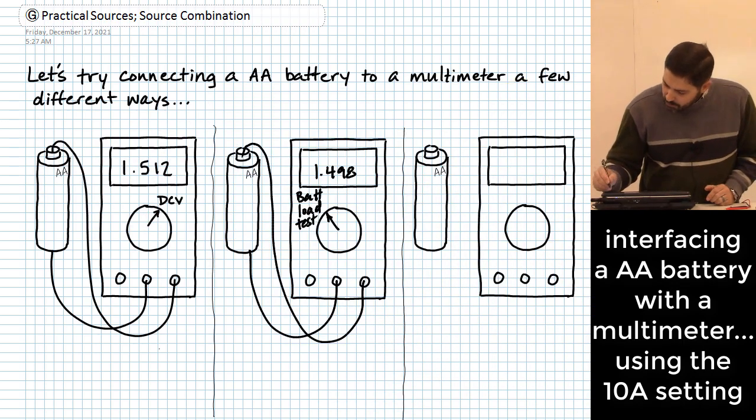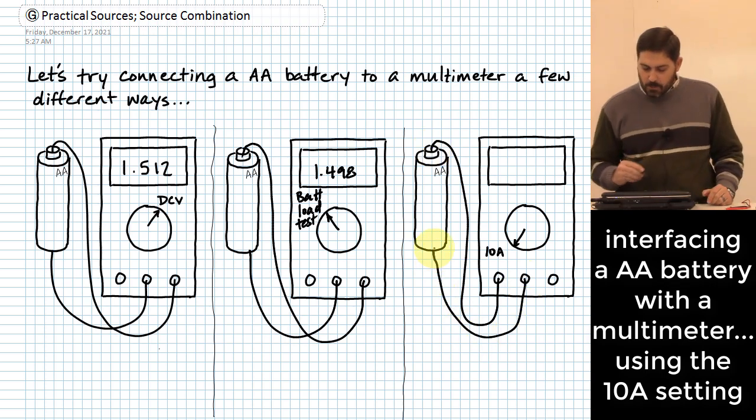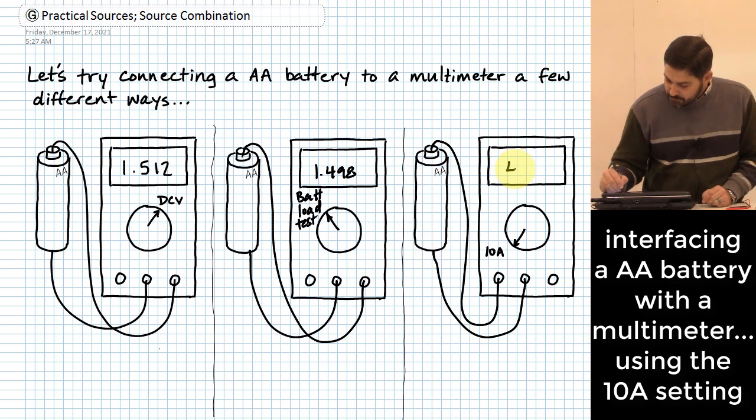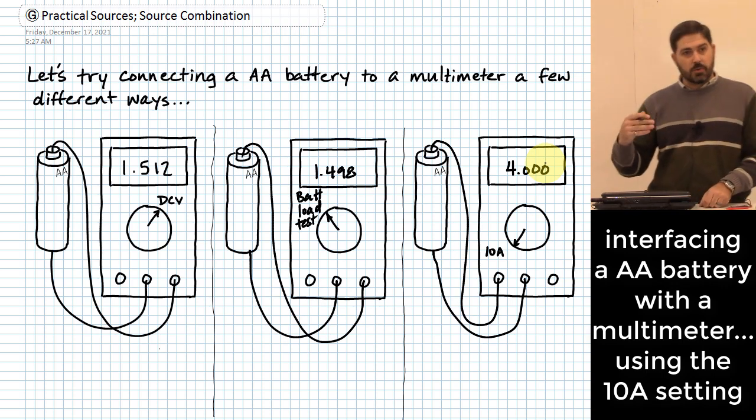Okay, so when we had this thing set to where the little arrow was over here at 10 amps, and we had the leads set up like this, where this lead went to that side of the battery and this lead went to this side of the battery, what we got was something like 4. Although it was dropping quickly.